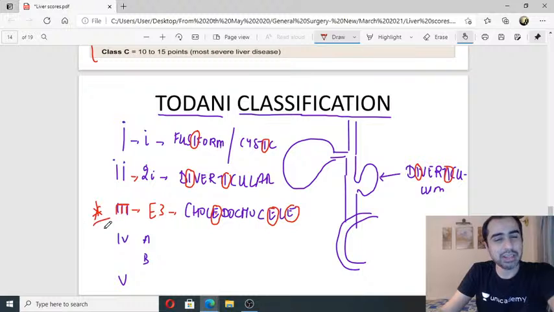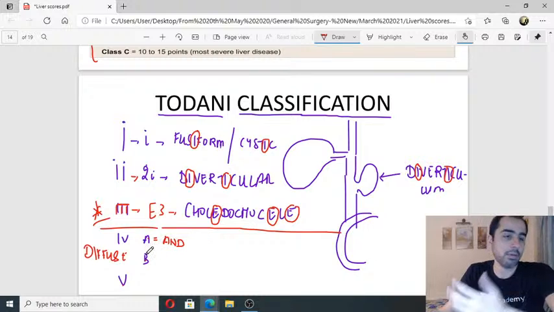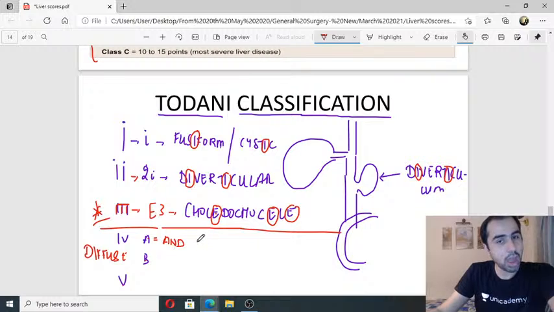4 and 5 are easy to remember. 4 and 5 are diffuse types. ये तो आने चाहिए. 4A is diffuse, 4B is diffuse, 5 is also diffuse. Now, what do we need to know? For 4A, remember, A stands for the word and. So in 4A, you will get diffuse intrahepatic and extrahepatic dilatation.